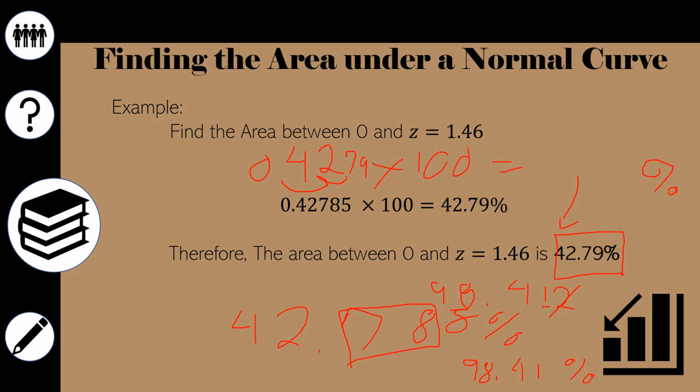And here, instead of 42.785, the remaining digit next to it is 5 or greater, so we add 1 to this digit and change the last into a 0. So that means 42.79% instead of this.